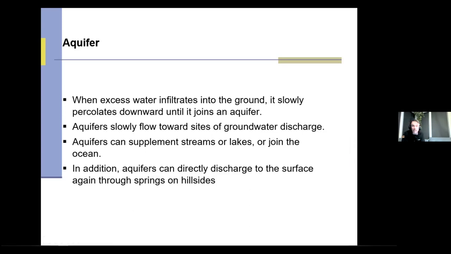So it's really important to understand that surface water and groundwater are connected. They can directly discharge to the surface again, at springs or some sort of land mass or a pool. You'll see all of a sudden there's a lake in the middle of nowhere. Sometimes that's what feeds those lakes.